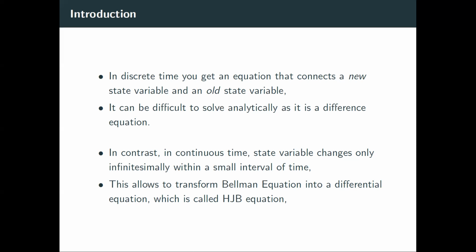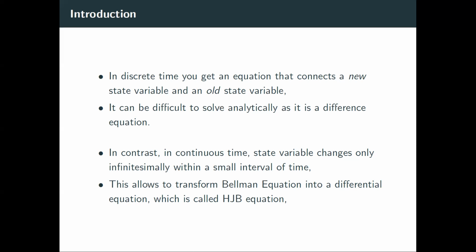Because in continuous time, from today to tomorrow, there's actually no tomorrow, but it's the next instant in some sense. And the next instant is very close. Therefore, your state variable won't change too much, and the argument for the value function on the right-hand side won't change much.